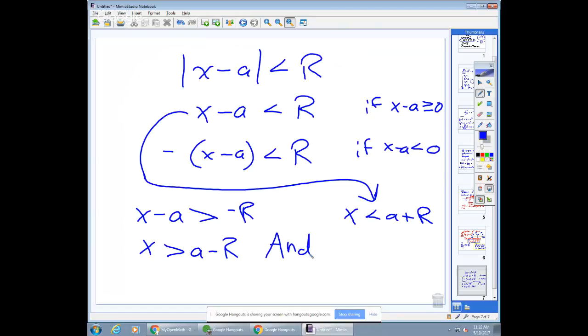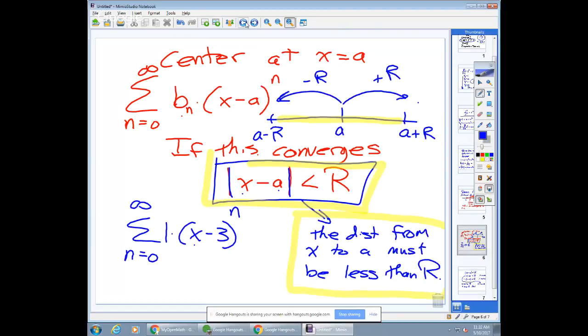So back to this picture here, and let's pick a different color. The first one says I have to be less than a plus r. The other one says I have to be greater than a minus r.